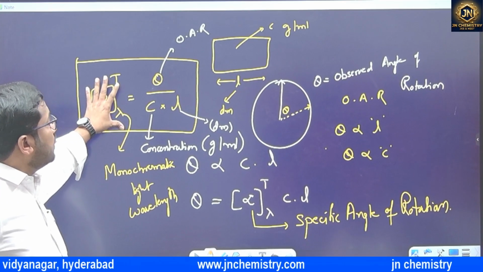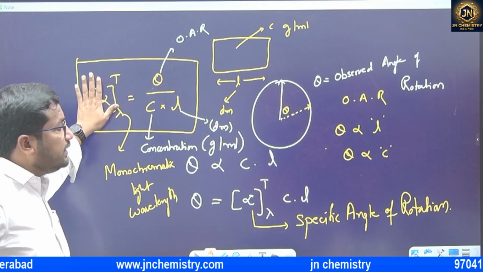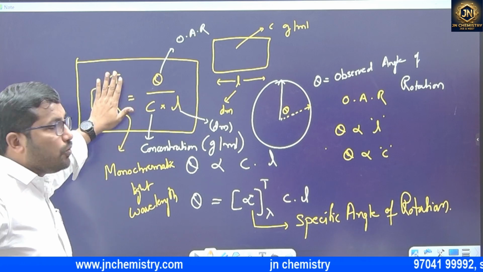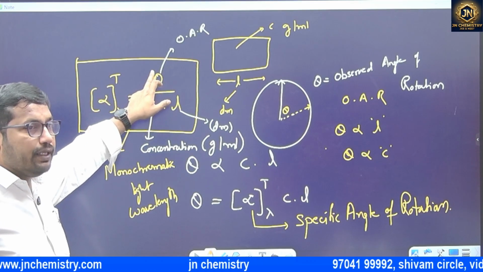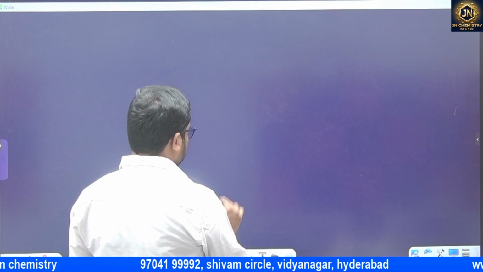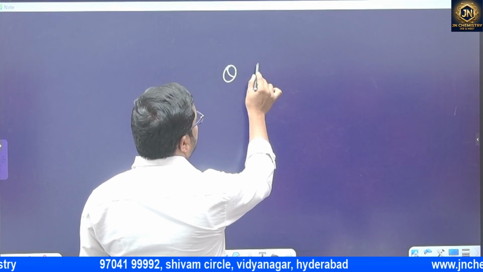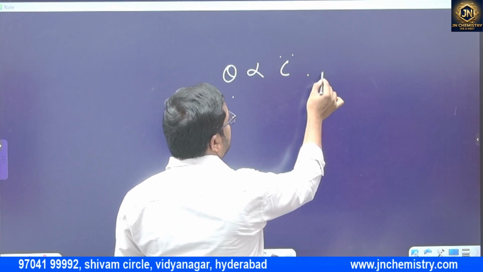So based on this formula, sometimes we calculate the specific angle of rotation. The specific angle of rotation for pure molecules is a constant. Observed angle of rotation purely depends on concentration as well as length. So once again, theta, the observed angle of rotation, is directly proportional to concentration and length.